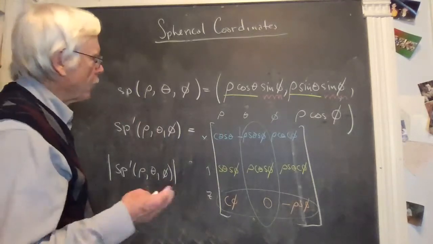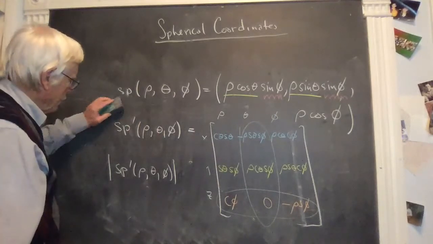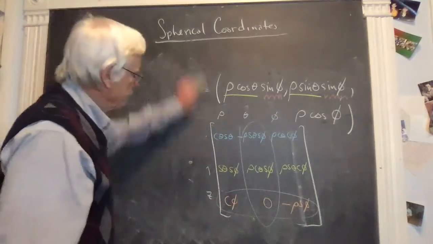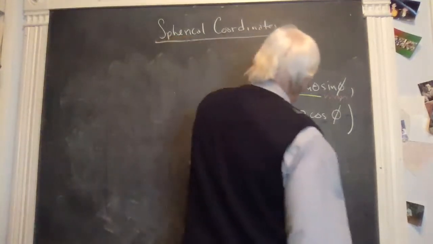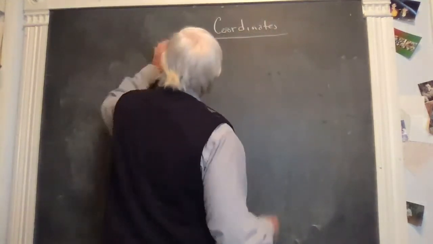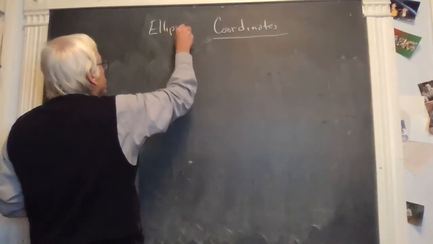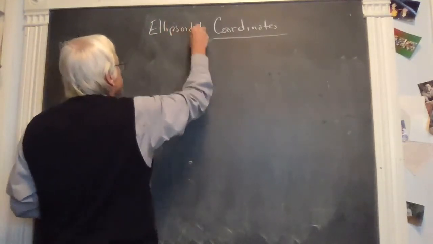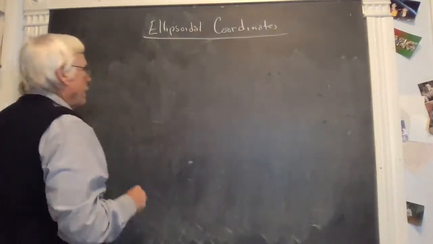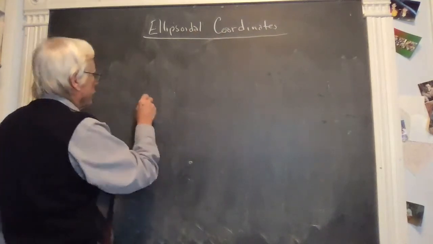I want to go a little farther with this, and I want to talk about the elliptical coordinate system. It's similar. So actually it is ellipsoidal because it's 3 dimensions. And to begin with, I'd like to look at our elliptical coordinate system.